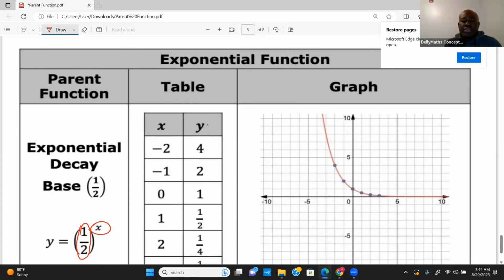And whenever this number is less than 1, as you could see here, it's a proper fraction, it's decaying because as you move from left to right, it's dropping. So it's dropping until it's tending towards 0, right? So we want to make note of that.